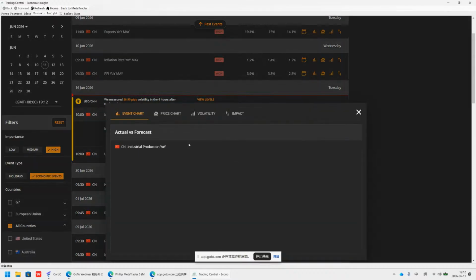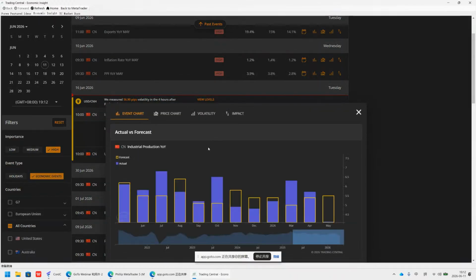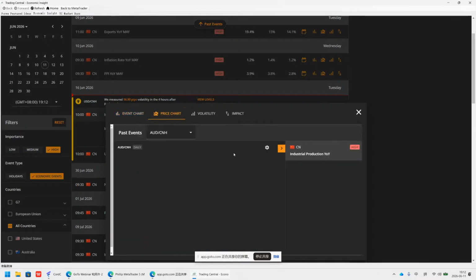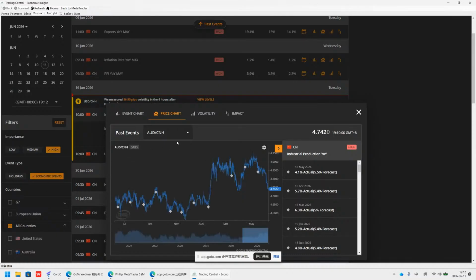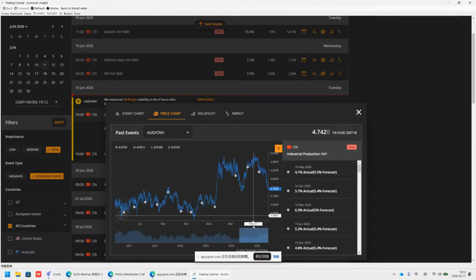The event chart shows the forecast values and actual values of the event. The price chart shows the correlation between event forecasts and actual data, and the exchange rate changes over a certain period of time.